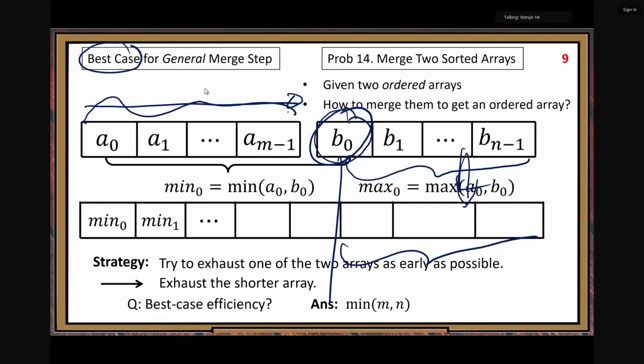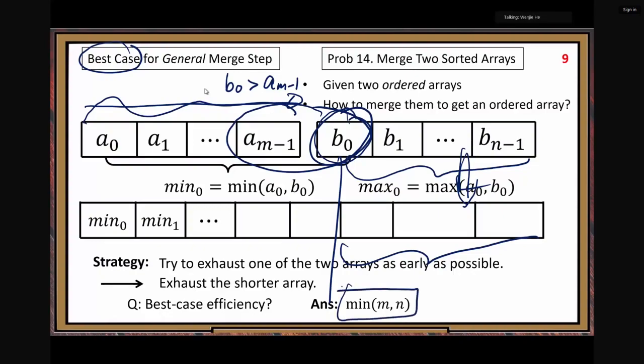In his description, he assumes b0 is greater than am minus 1, and he compares b0 and am minus 1 as the first comparison. That's the best case, just one, not this number.